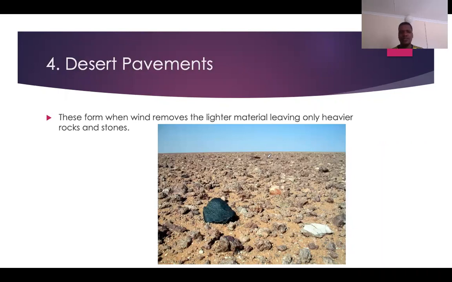Sometimes they call it a reg in some books, or rocky deserts, but in our books we are going to call it a desert pavement. So we have rocks, or heavier materials, that stay behind when the lighter material has been taken away by the wind.